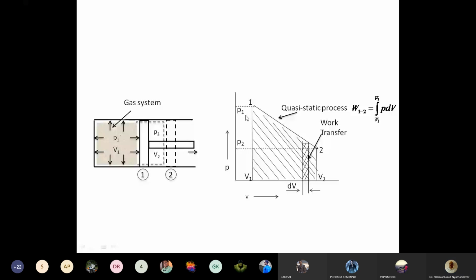So find out. The change in volume is already known to us, that is 0.036, into P1 minus P2. P1 is how much? 1.5 minus 0.15 into 10 to the power 6.